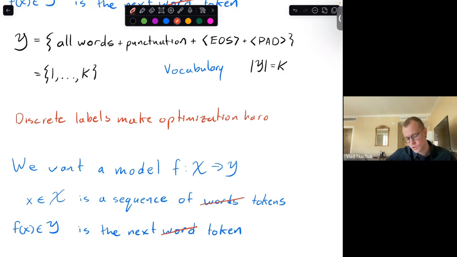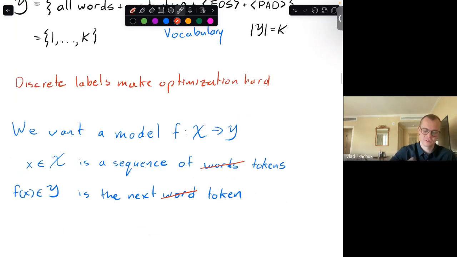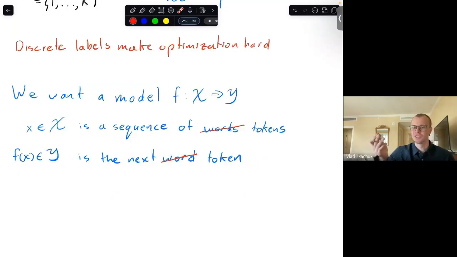And so we're going to optimize over continuous labels, which is how we did classification to begin with in this class. And so instead, we're going to want not a model from X to these labels Y, but instead a model from X to a new set of labels called Y prob.